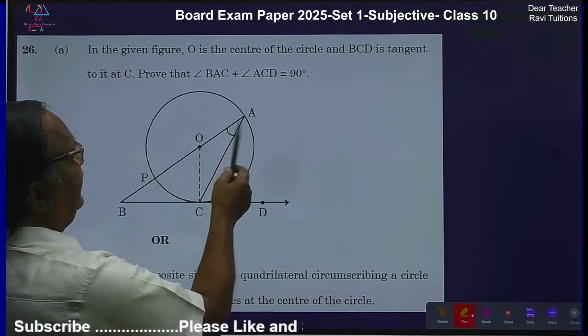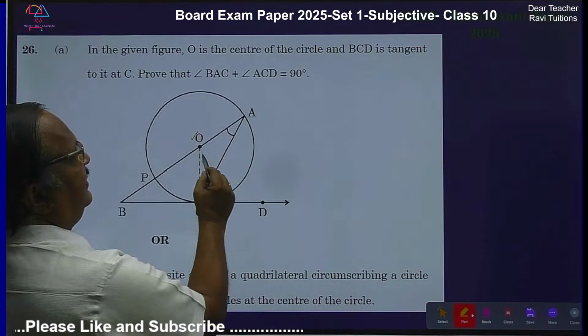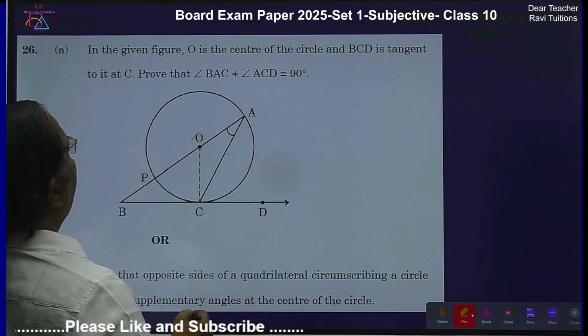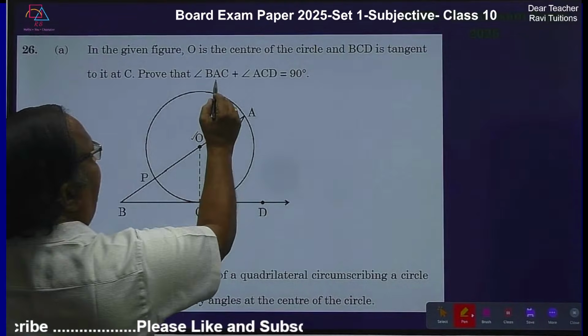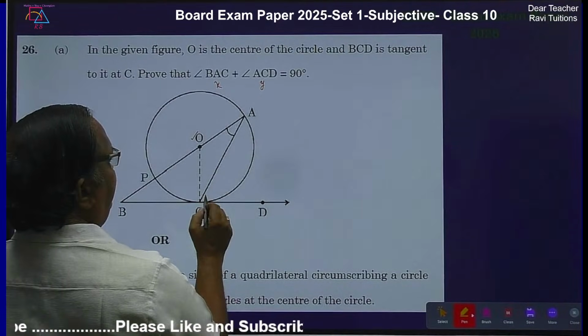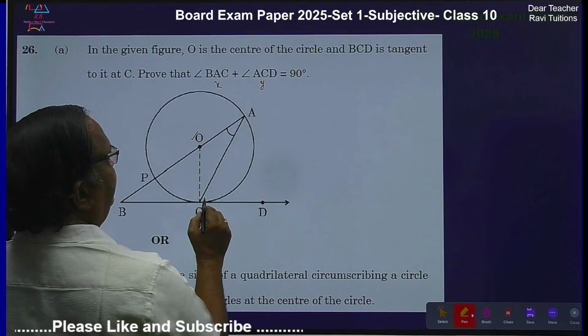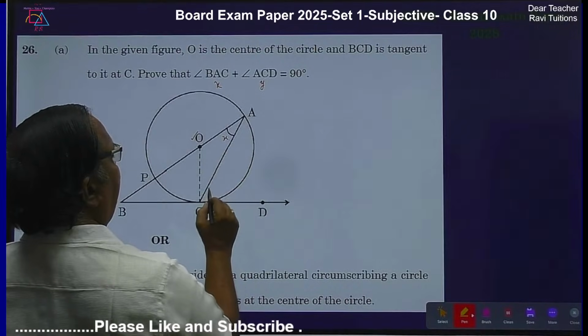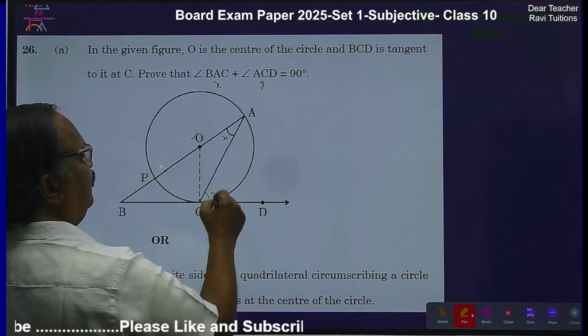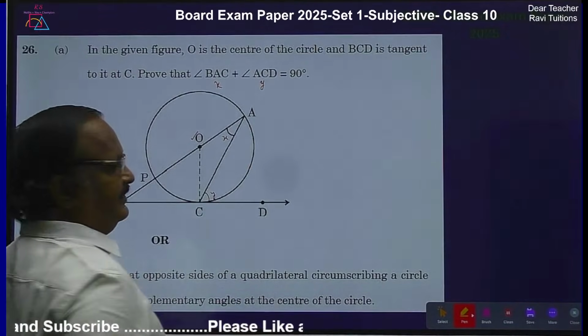Let us do this question. O is the center of the circle, and BCD is the tangent at C. Prove that angle BAC plus angle ACD is 90 degrees. Let me write BAC as x, ACD as y. So BAC is x and this is y, and we have to prove x plus y is 90 degrees.